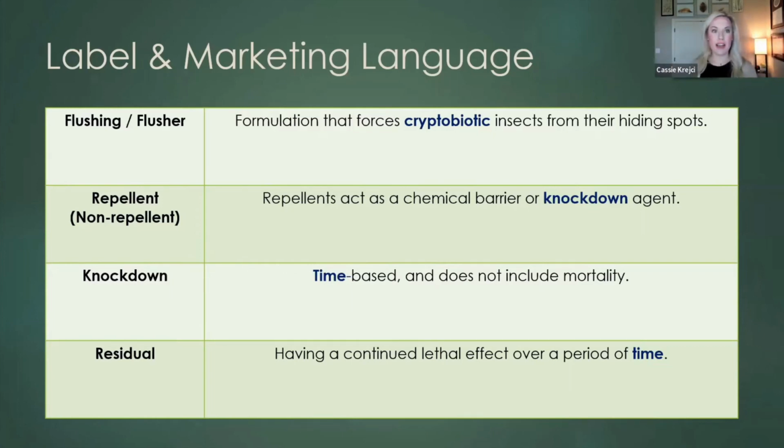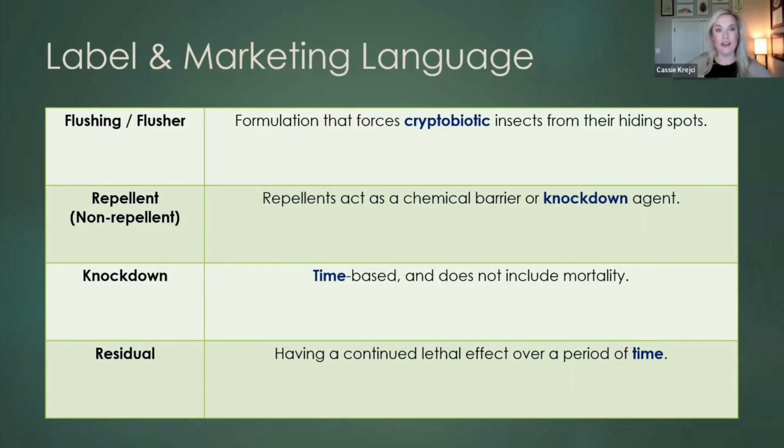The speed of the active ingredient that we're talking about determines the level of repellency. So not everything is just repellent or non-repellent. There is that side of it, but degree of repellency is also a part of the conversation. Whether it's a type 1 pyrethroid or type 2 pyrethroid changes the level of repellency.